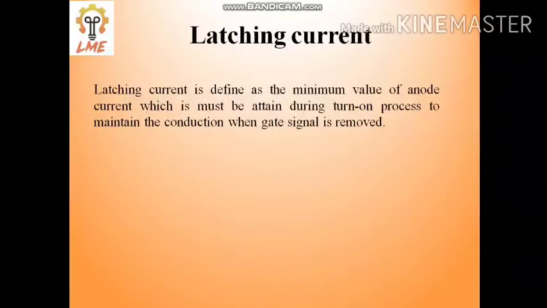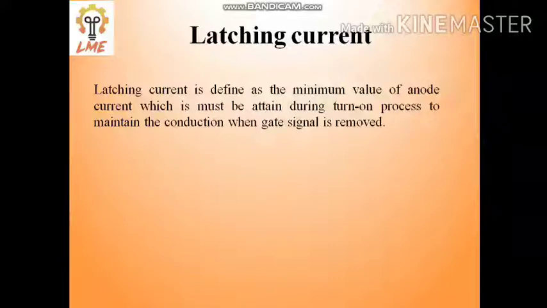So this is the latching current definition. First we read the definition of it. Latching current is defined as the minimum value of anode current which must be attained during the turn on process to maintain the conduction when the gate signal is removed. What does it mean?